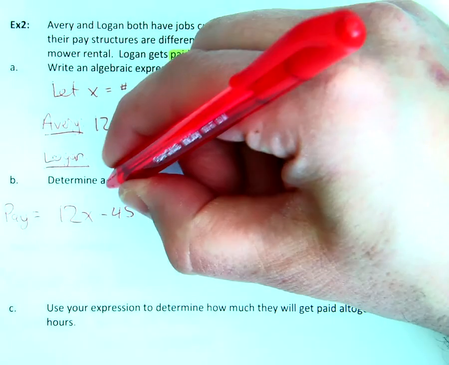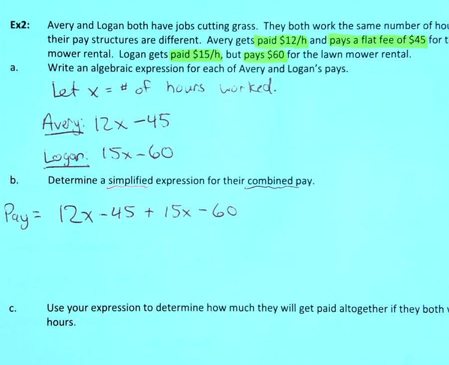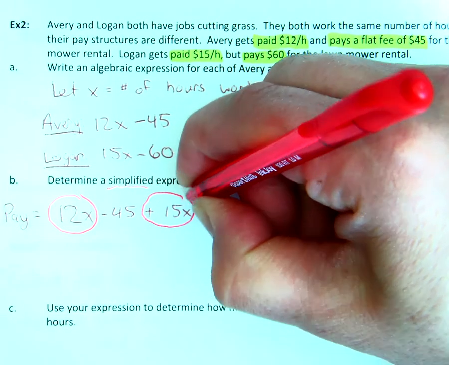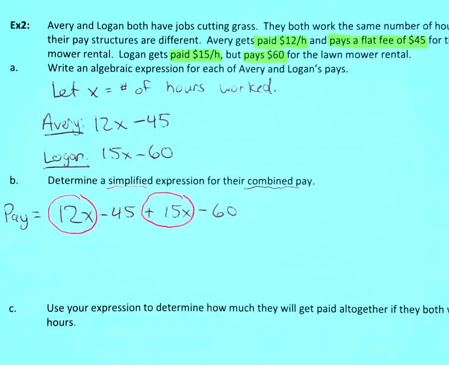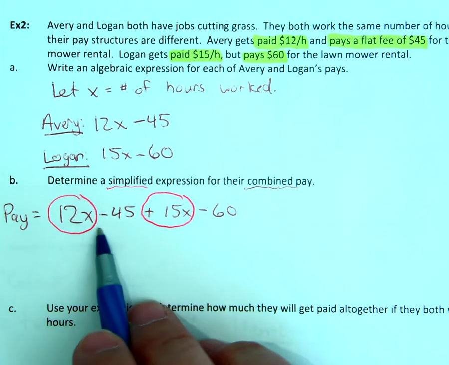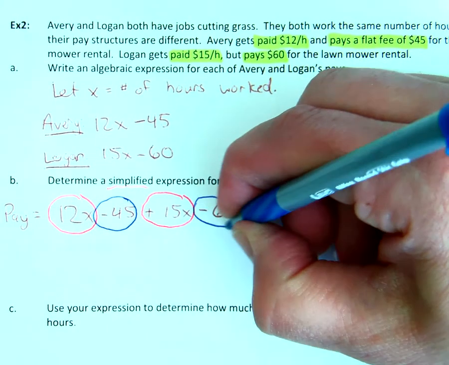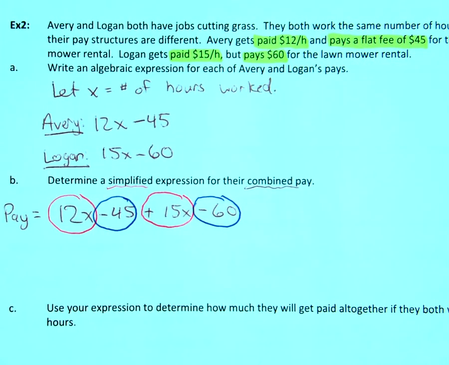And then in order to simplify this, I need to collect like terms. So the 12x is like the 15x. Those are going to go together because they both have an x. The negative 45 doesn't have a variable, and the negative 60 doesn't have a variable, so they're going to go together.